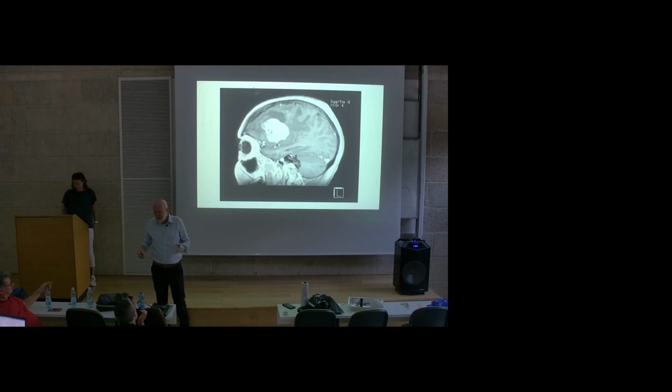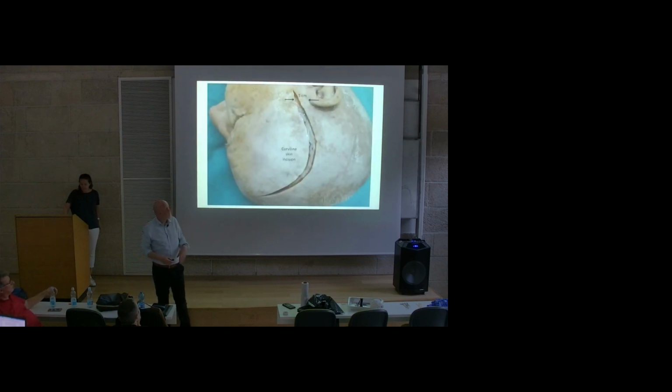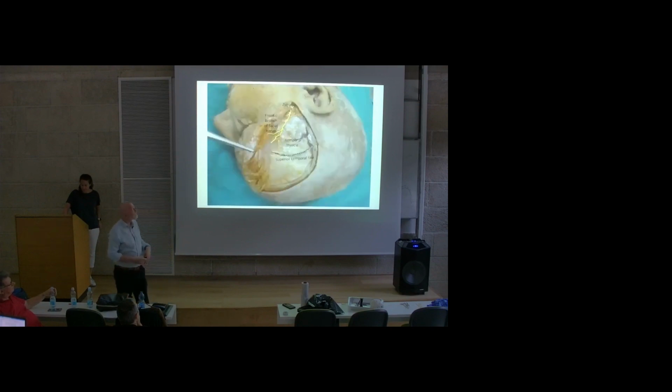Let's make the approach. How do you approach that? What would you recommend? You need to make a skin incision, and below the skin you will expose the temporal muscle. If you touch both sides of your head and you bite, that's the temporal muscle.